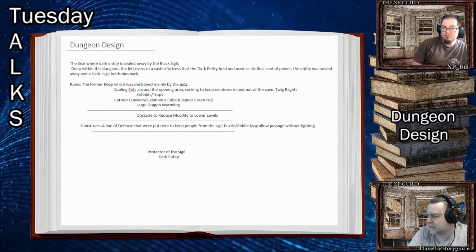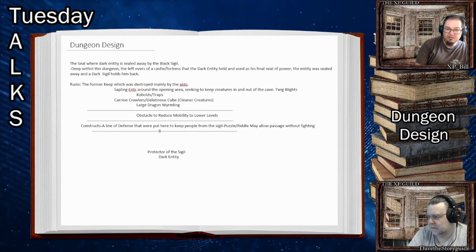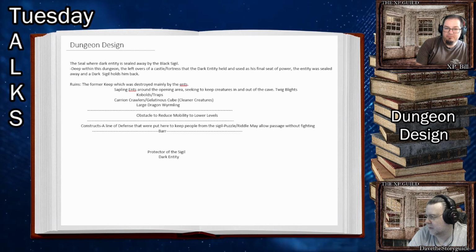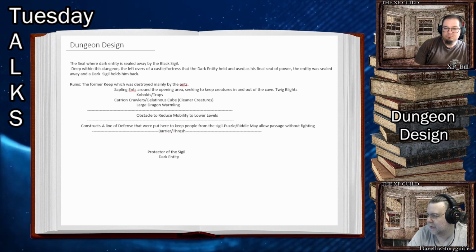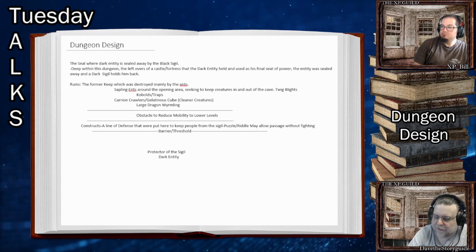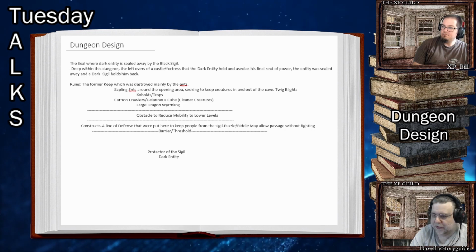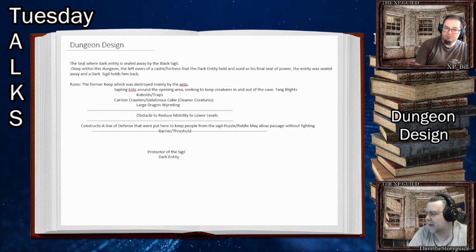And I think there's some sort of barrier here, maybe the magical barrier that I talked about earlier. Not only are there the constructs or whatever defensive thing you've got going on, but the barrier itself could also be magical on top of that.